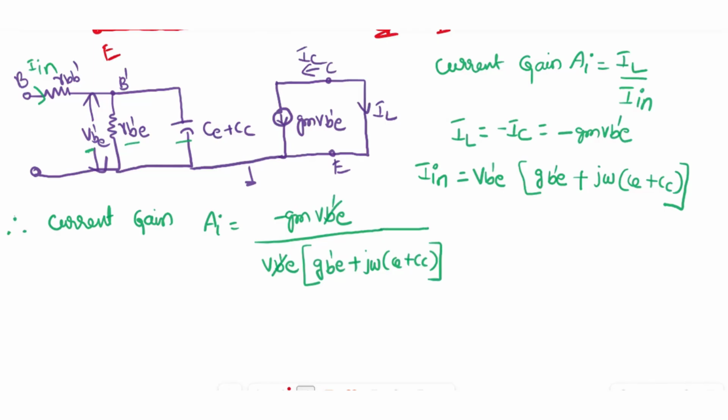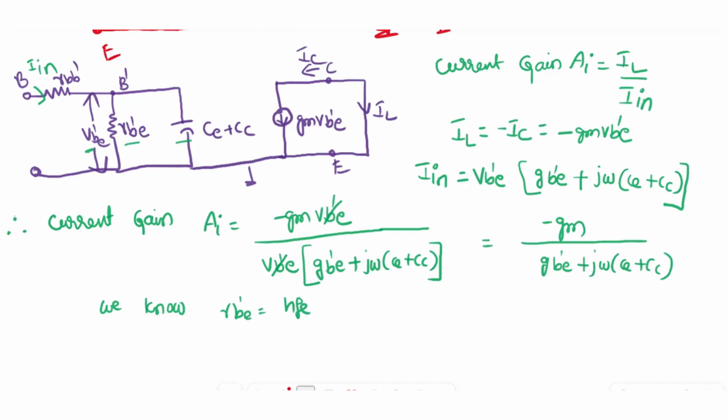Cancel Vb'e, and this is minus gm by Gb'e plus j omega of Ce plus Cc. We know Rb'e is equal to hfe by gm, which implies gm is hfe by Rb'e. That is hfe into Gb'e, as 1 by Rb'e is Gb'e.